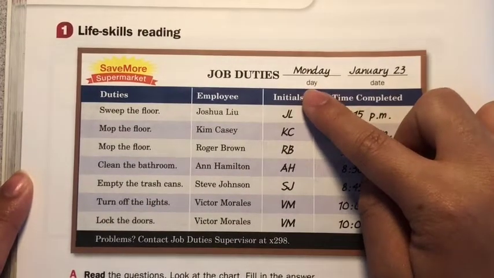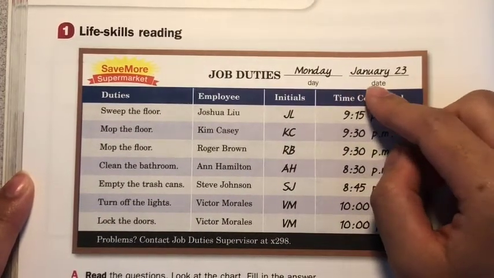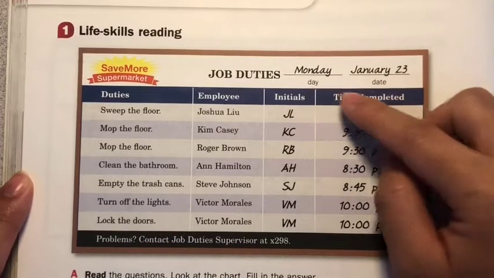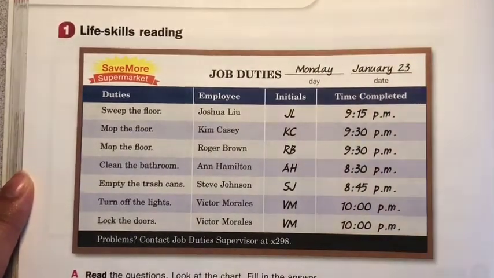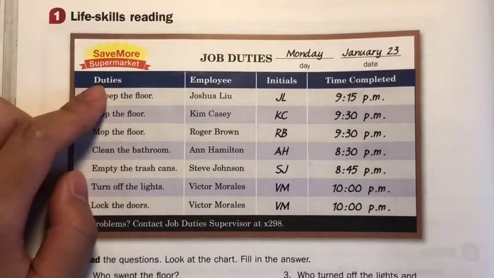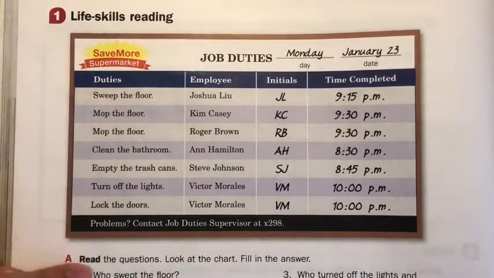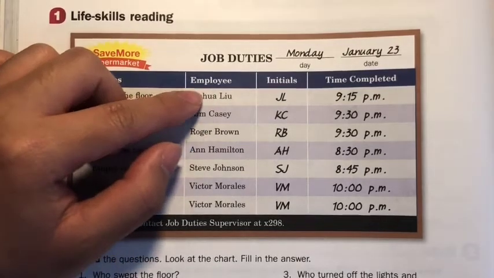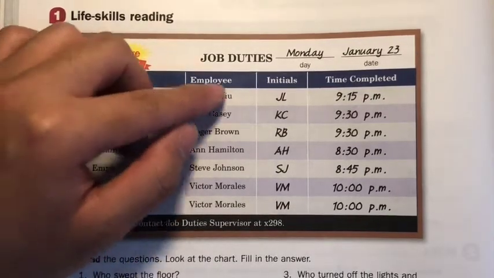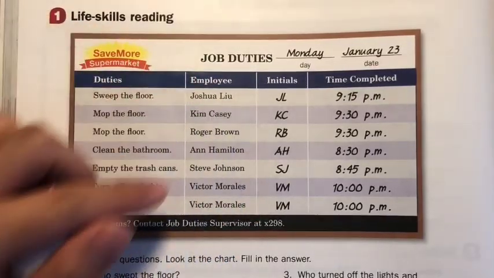Let's see. We have the day and we have the date. The day is Monday. The date is January 23rd. We have the duties or the task. So this is what they need to do. This is the employee. The employee is the worker.